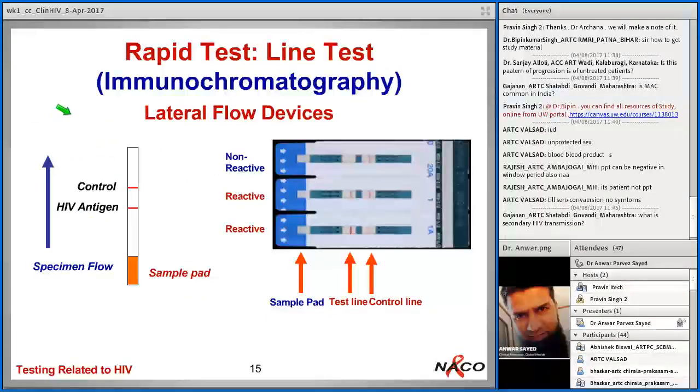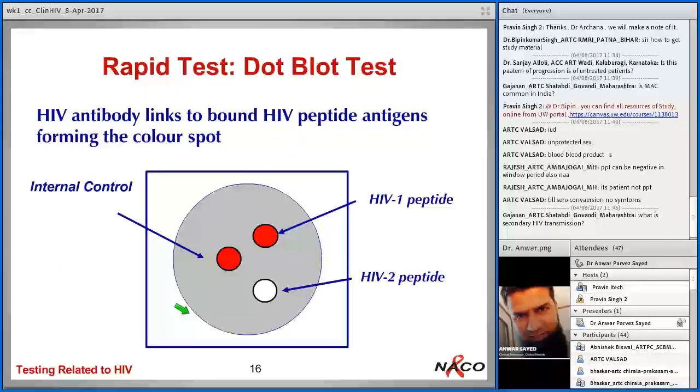Rapid tests are line tests. Immunochromatography is the principle on which they work, as lateral flow devices. You will see the markings, a control line and a test line, which are compared to interpret the test results. Similarly, there is the tri-dot test, where there will be a control, and this is for HIV 1 and HIV 2. This will have antigen.